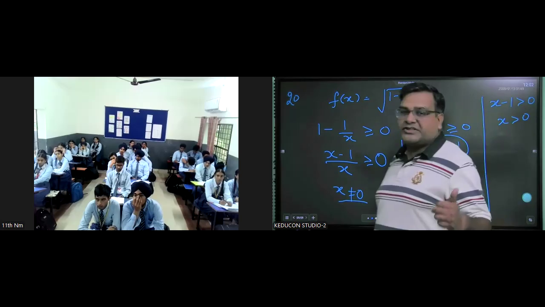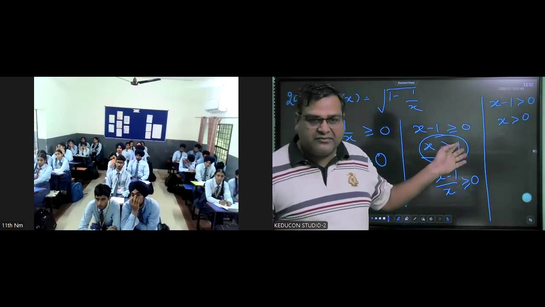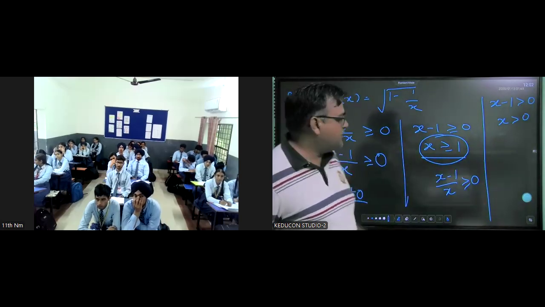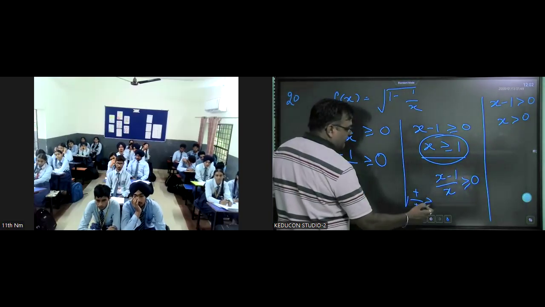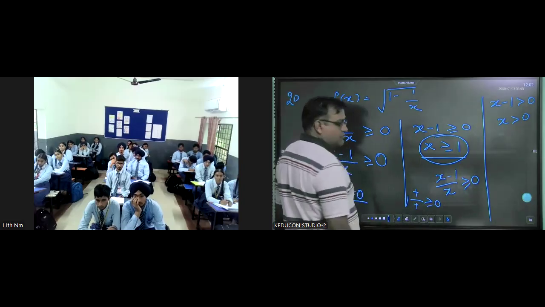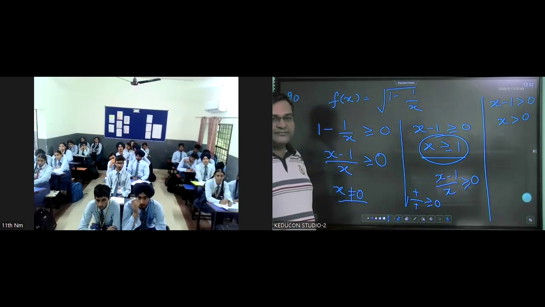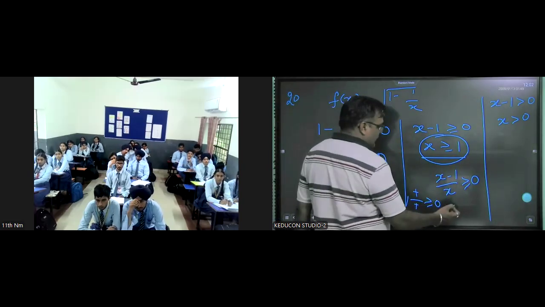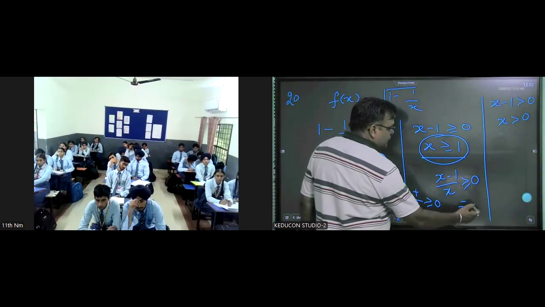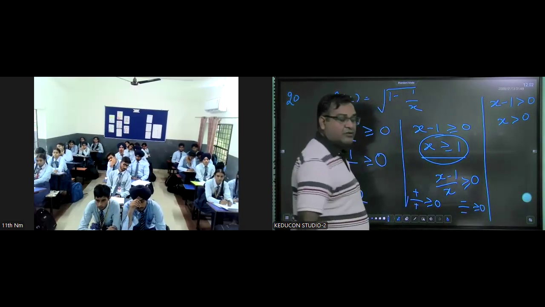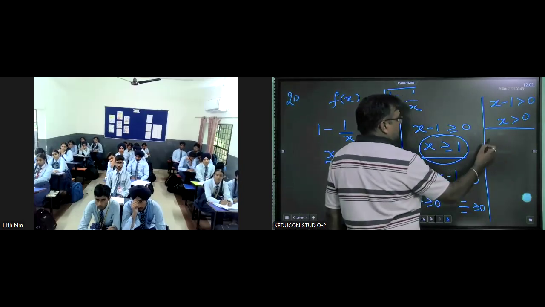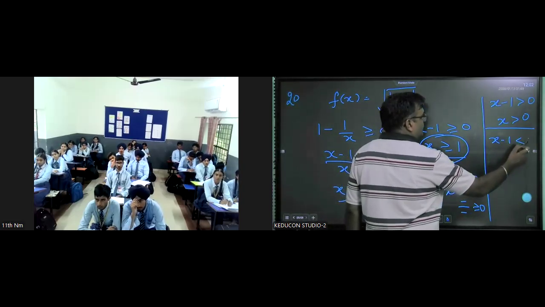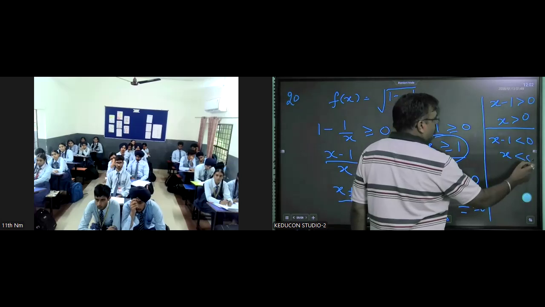If numerator is positive, denominator should also be positive. बेटा देखो ना, अगर ये पॉजिटिव है ऊपर, पॉजिटिव अपॉन पॉजिटिव, it will be greater than equal to 0 or not? If it is negative upon negative, then also it will be greater than equal to 0. So one case will be this, another will be both should be equal to 0.